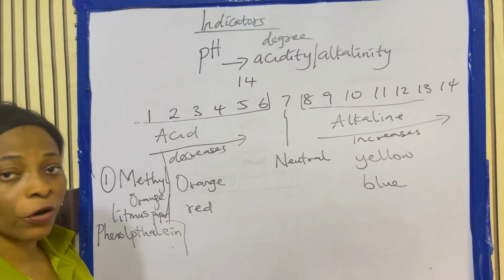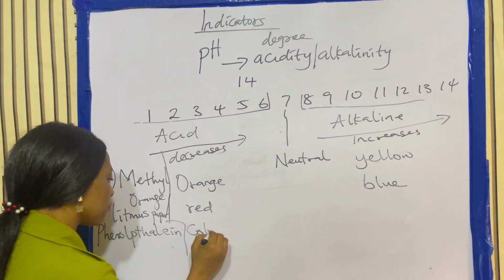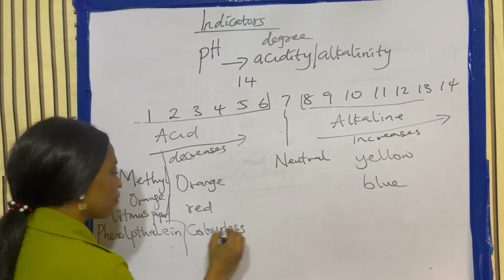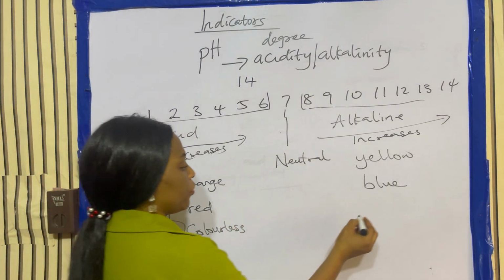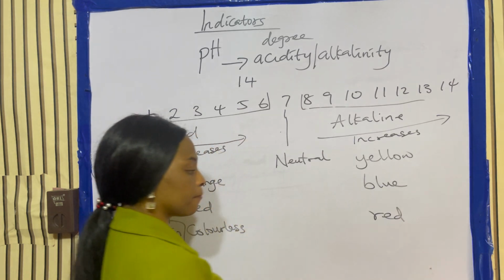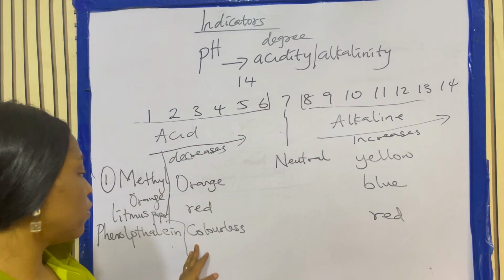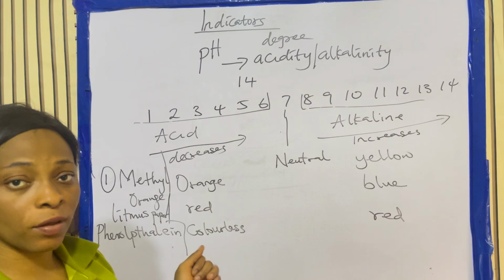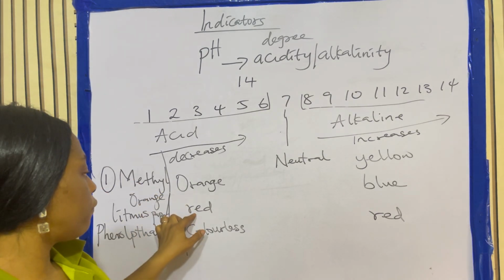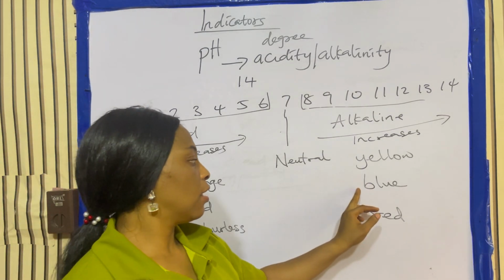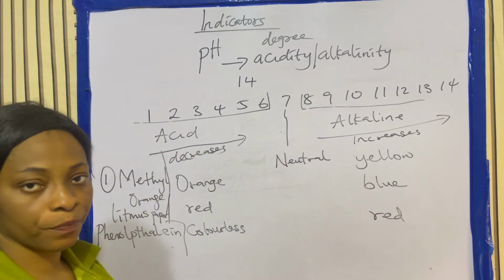In acidic medium, it is colorless, while in alkaline medium, it is red. Please take note of this. Examiners love these questions. Take note of their color changes in different media.